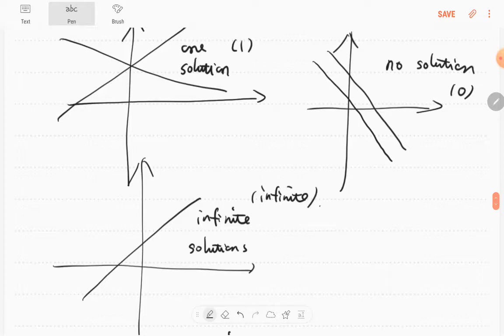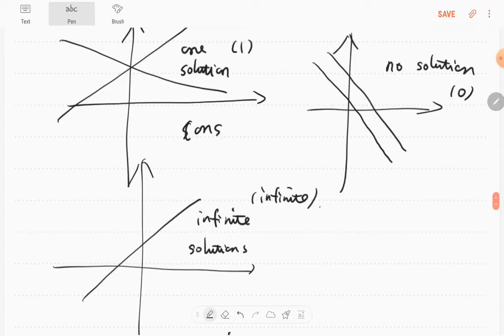And if they have solution, one solution or infinite solution, we will say it's consistent system. So if it has solution, no matter one solution or infinite solution, then we will say consistent system.